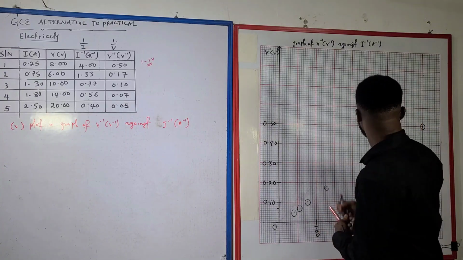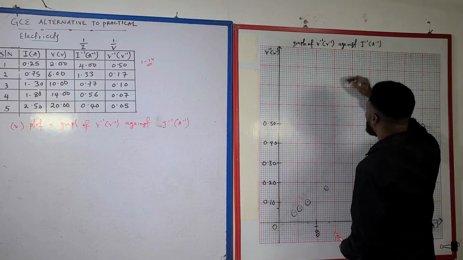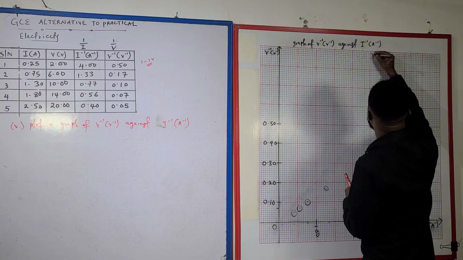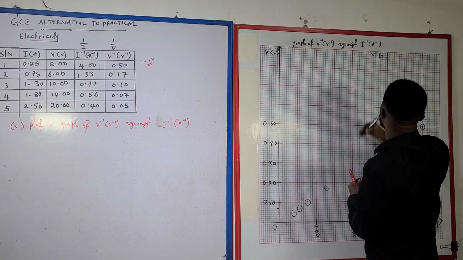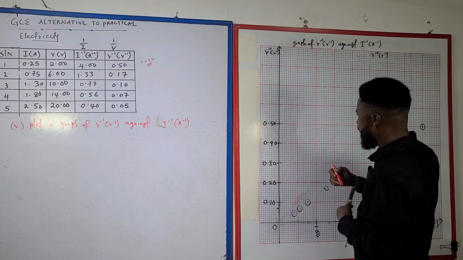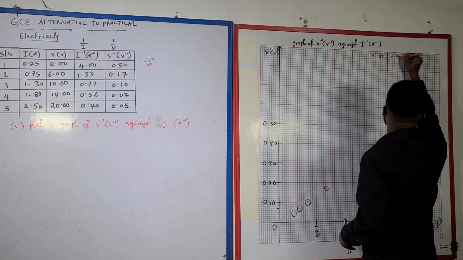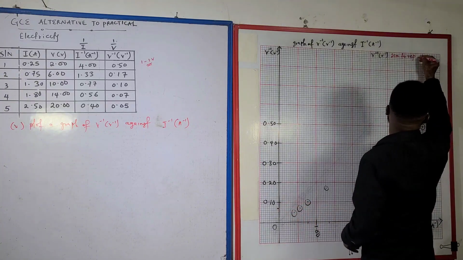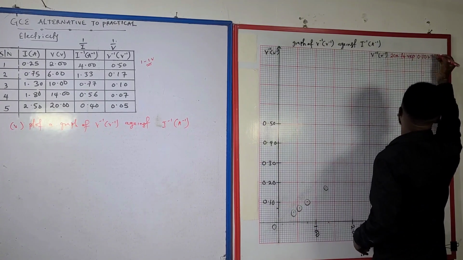But this way, what I have here is from here to here is 2 centimeters, from here to here is 2 centimeters. So on my voltage axis, on V raised to power minus 1 in per volts, I should be saying 2 centimeters to represent 0.10 per volt.